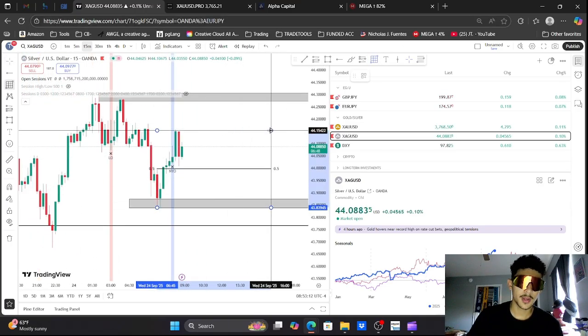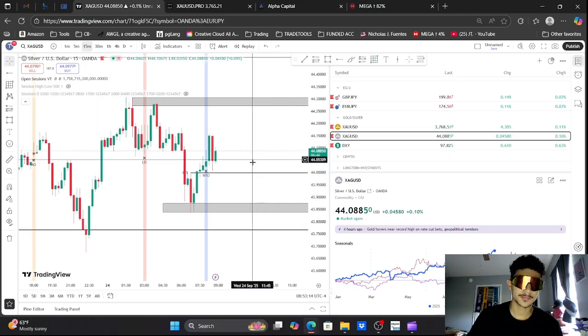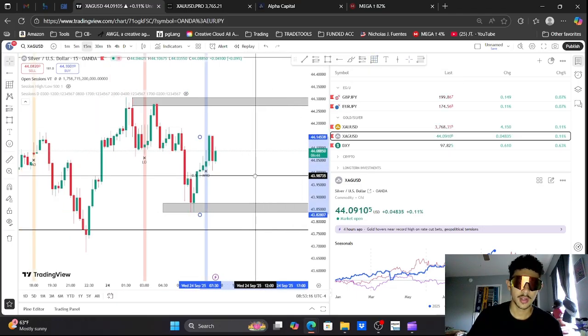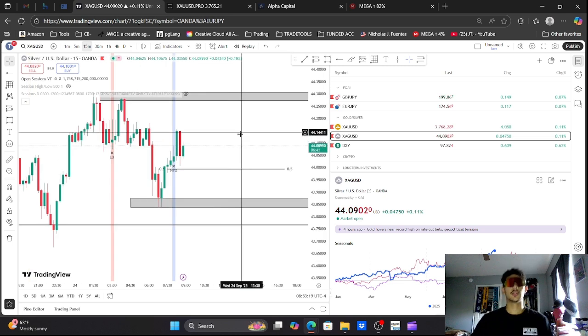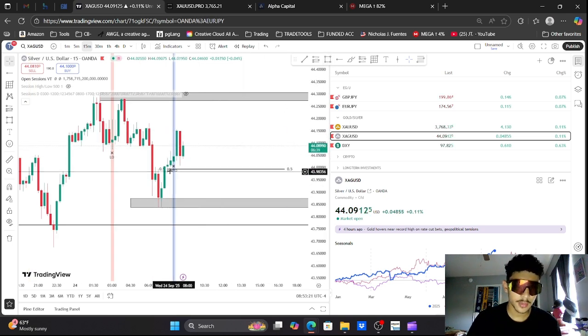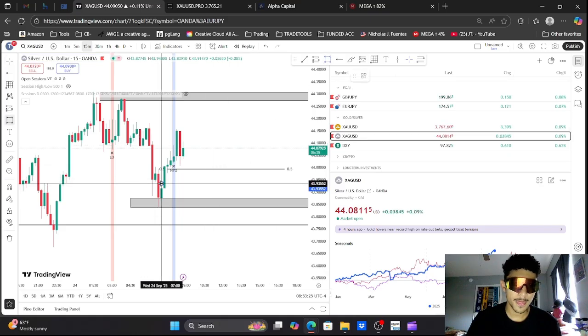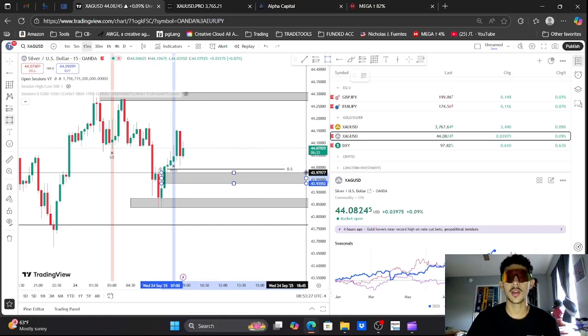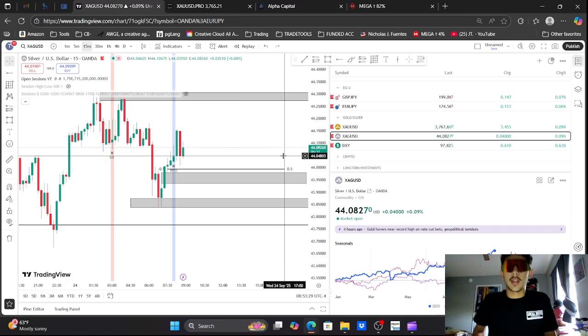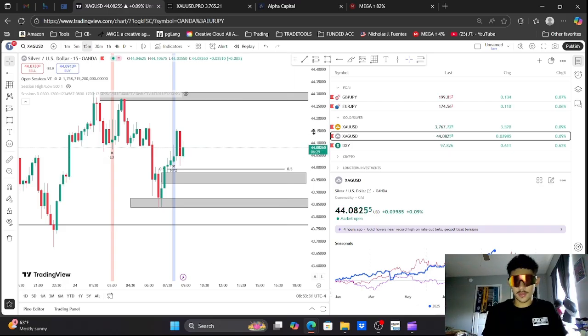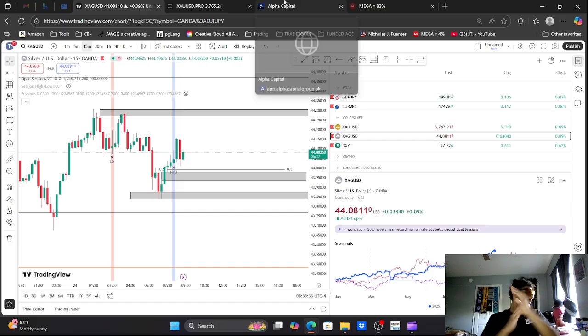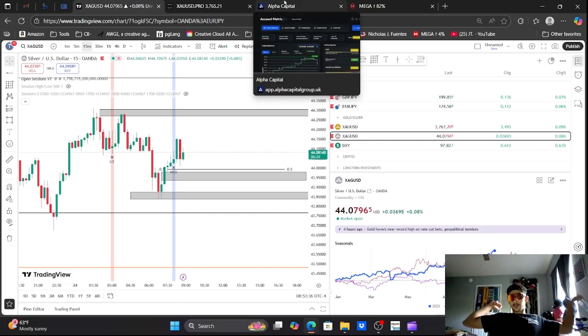In the 15-minute, we have this imbalance as well as equilibrium. I forgot we can't even trade the US dollar index on this future, Forex account.